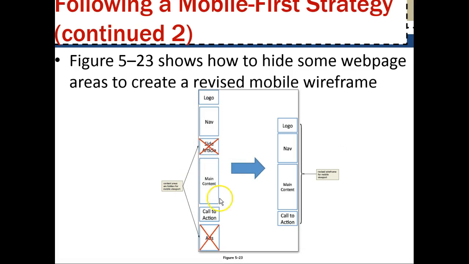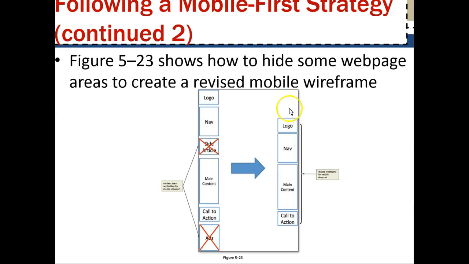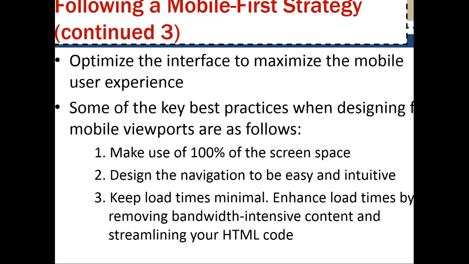So you are hiding those, you are going to have a less button here, and you don't have to scroll down. You're optimizing this interface to have a better user experience, and optimizing the interface to maximize the mobile user experience can be very beneficial.